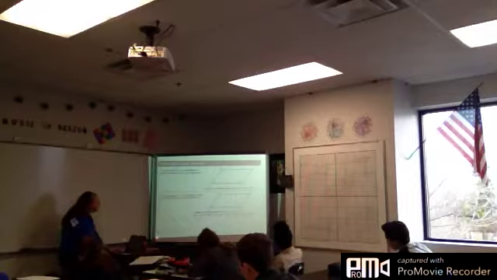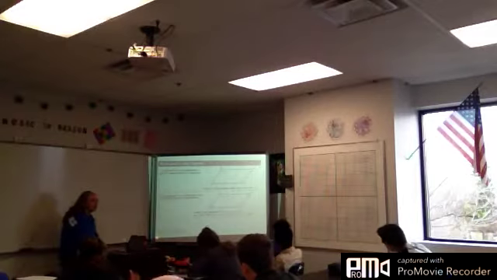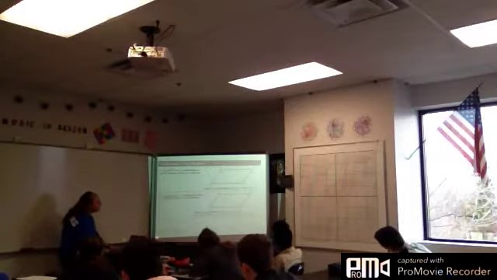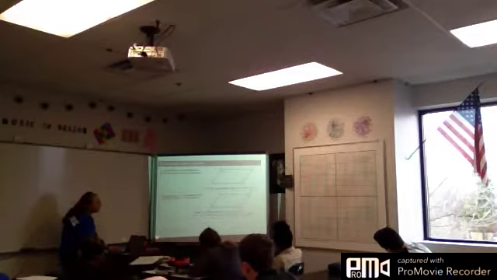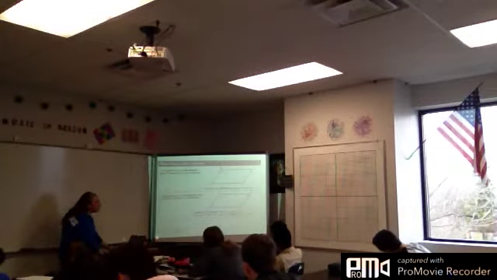If a quadrilateral is a parallelogram, then its adjacent angles are supplementary. What's adjacent mean? Next to each other. So that means that B and A added together are 180. A and D added together are 180. D and C added together are 180. And C and B added together are 180.